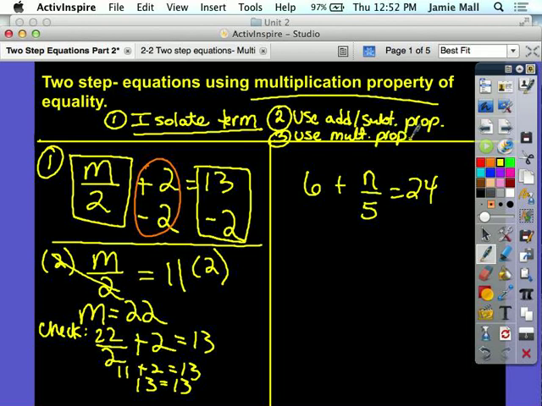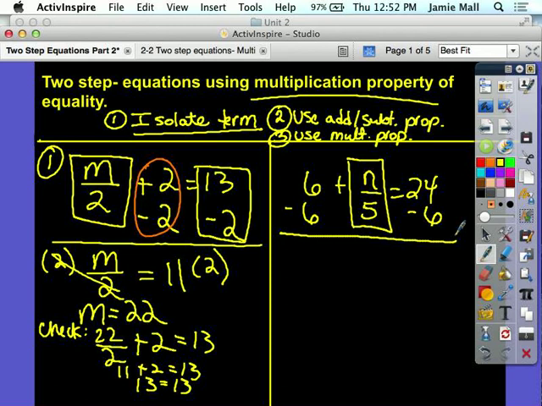Let's try another example. 6 plus n divided by 5 is equal to 24. My first step is to get this term, n divided by 5, all by itself. So I'm going to do that by subtracting 6 from both sides of the equation. Notice that I'm looking for a pair of opposites. Positive 6, negative 6 cancel out.